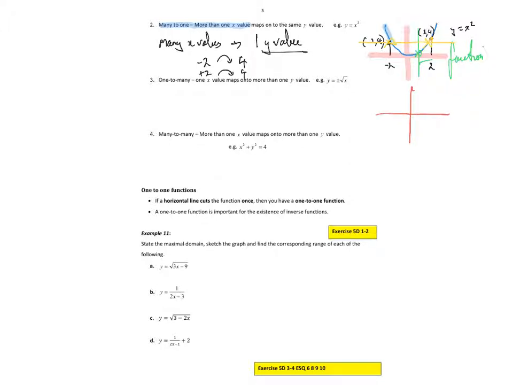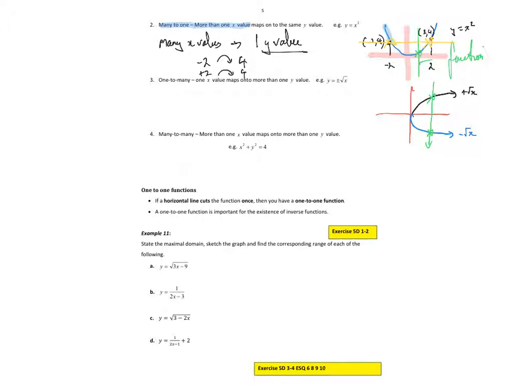If we go to our next relation, plus or minus the square root of x. So the positive square root of x is that part of it, and if you like, the negative square root of x is down here. So if I draw a vertical line through here, we can see that it crosses twice. That makes it a relation.